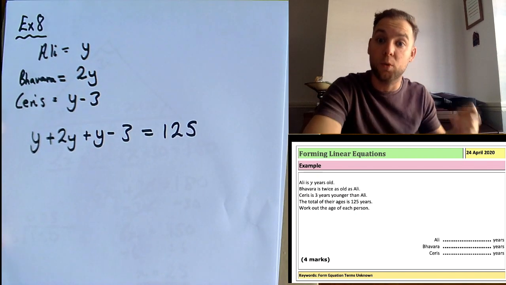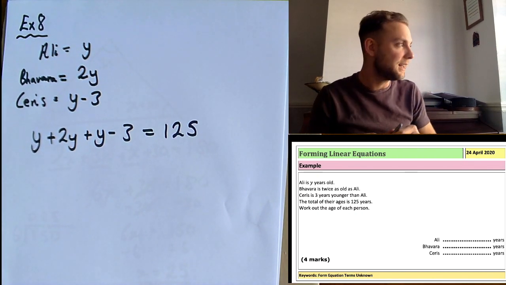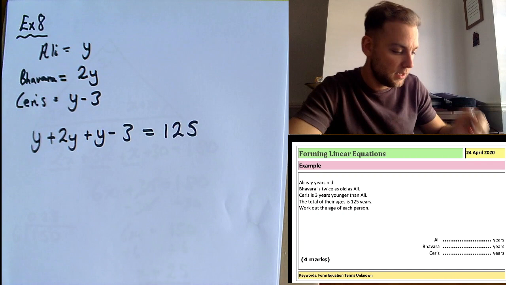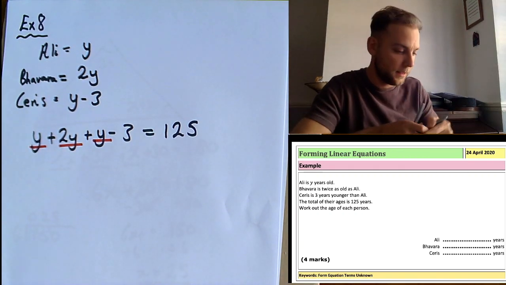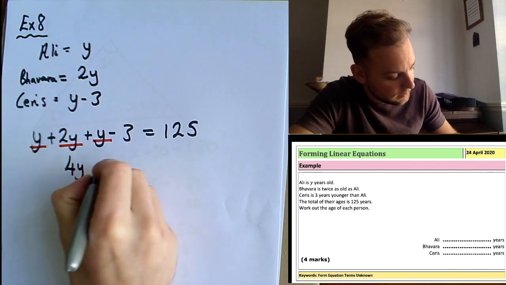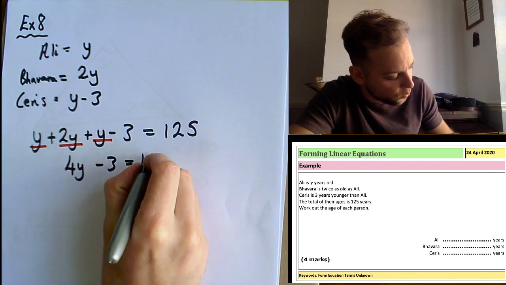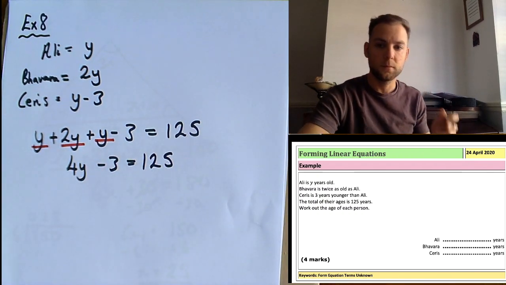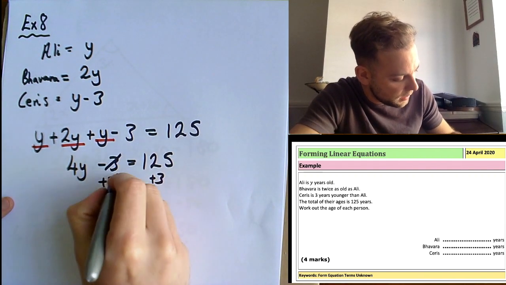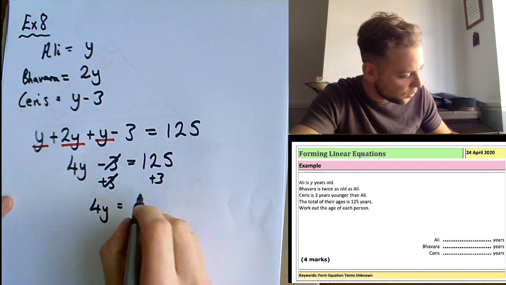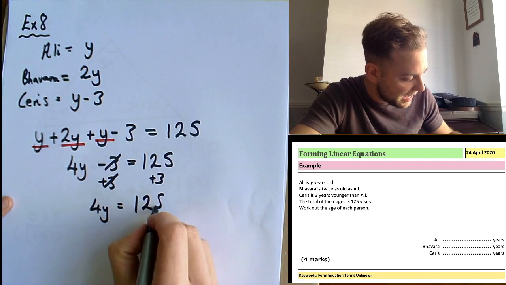Again, you're forming equations. The next thing I need to do is to simplify this. So y plus 2y plus y is equal to 4y minus 3 is equal to 125. Add 3, add 3. 4y is equal to 128.